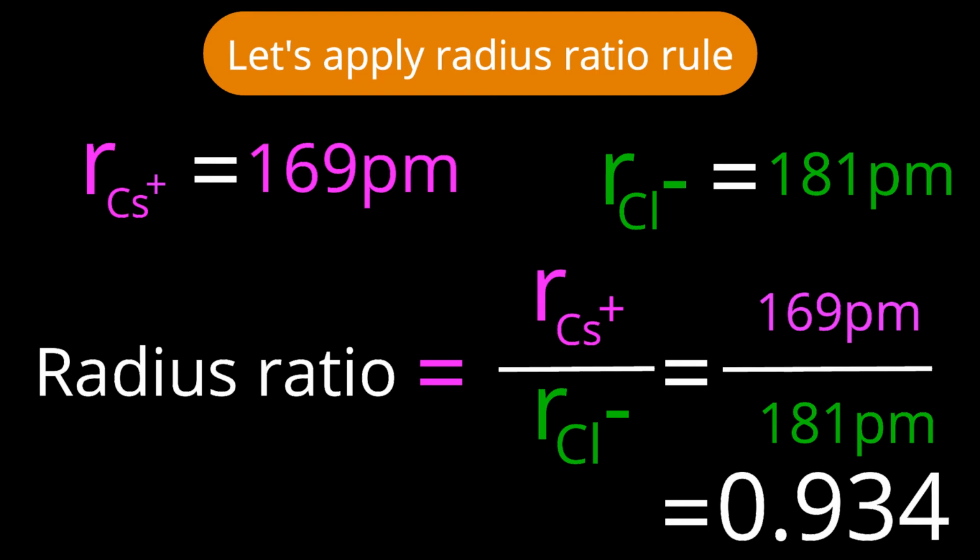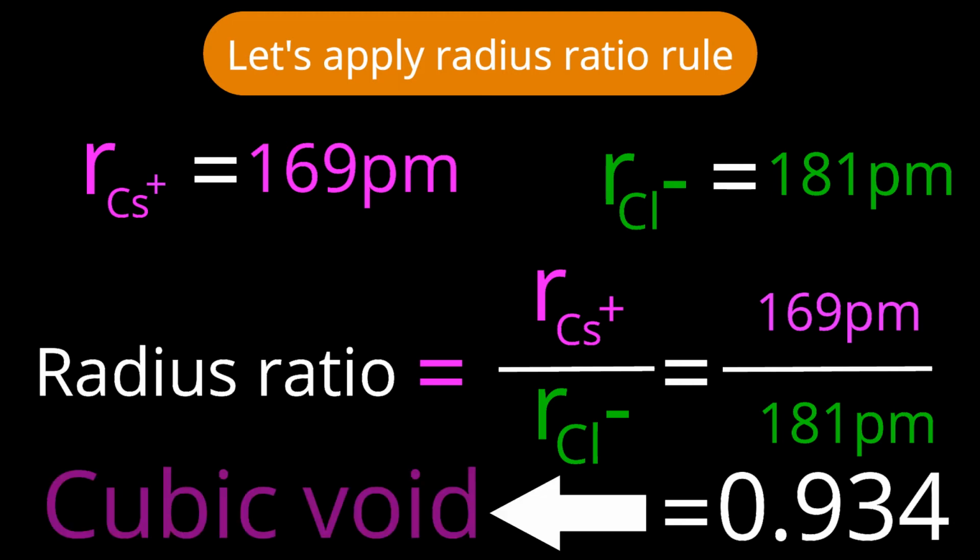So as per our definition of radius ratio, what will be the radius ratio? It is the ratio of 169 picometer to 181 picometer. What is the answer? 0.934.